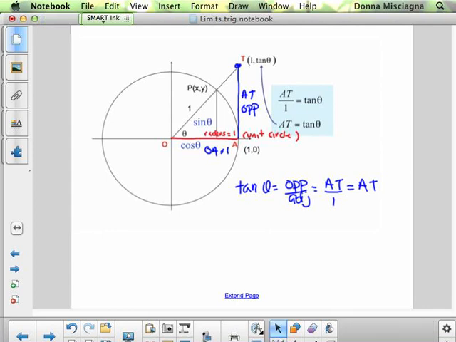So now we have a way to represent T. That point T is (1, tangent theta). So we've got 3 points here. This point here is (cosine theta, sine theta). And then A is (1, 0). And T is (1, tangent theta).